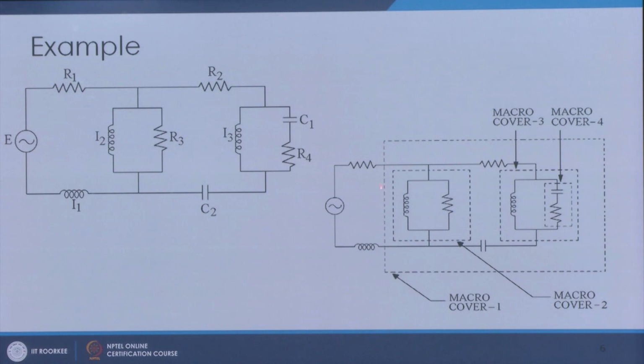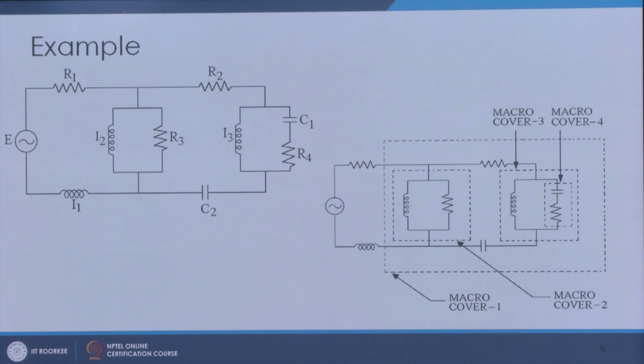Such that we have the voltage source, resistor, this macro cover 1 and this inductor, they are in series, fine. And inside this macro cover again we can put a macro cover 2 here covering this inductor and resistor, so that these entities can be treated as one.